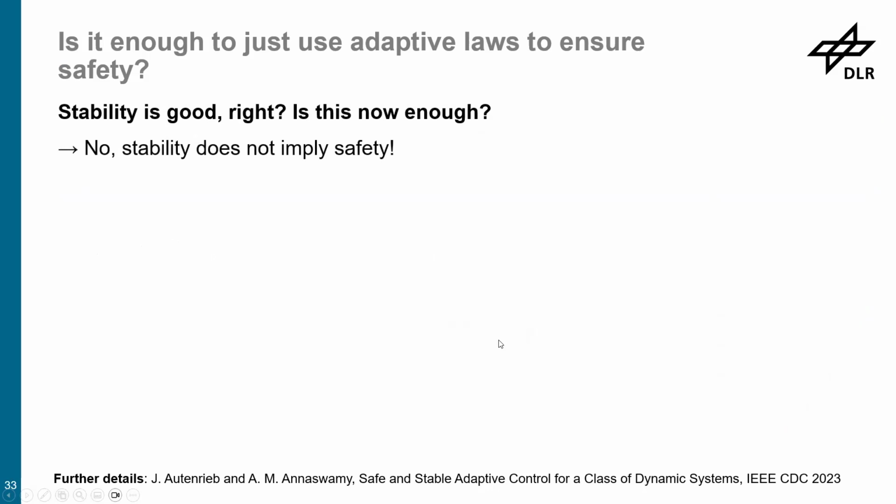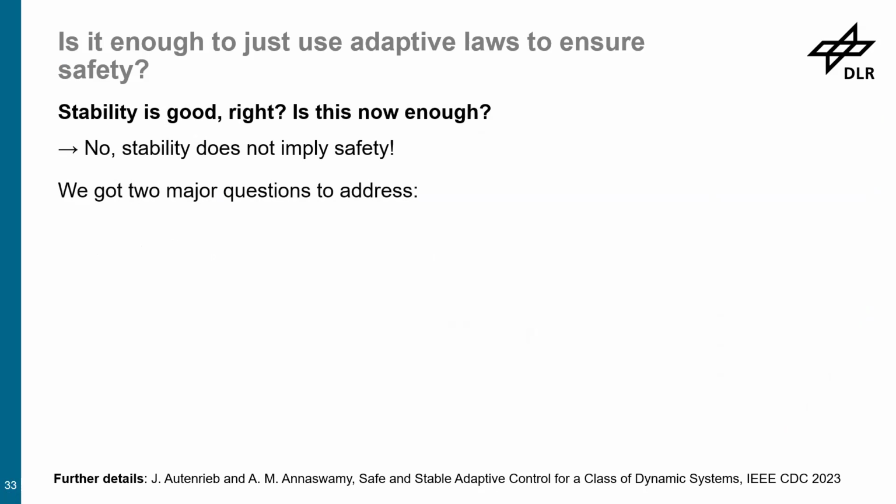Right, so you could argue that if you're stable, you could also somehow have some safety in your system. But again, it's something very different, right? Because stability just means our state is bounded, right?